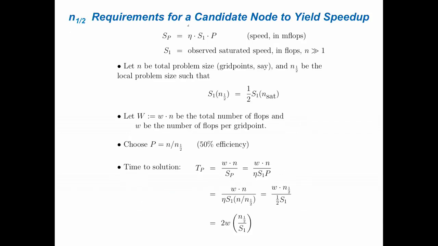So it's really interesting. It's just a little bit of math: the n sub a half requirements for a candidate node to yield speedup. Somebody comes to you and says, here's your new node. It's 100 times faster than your current node. Do you take it? You work for the government, you're at an educational institute, you get it for free. So okay, I'll take it. You know, they're trying to hire your students or whatever.